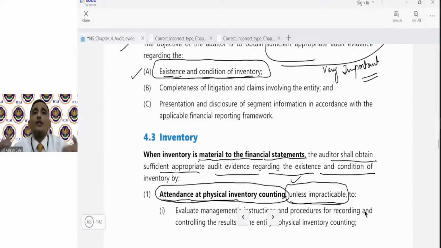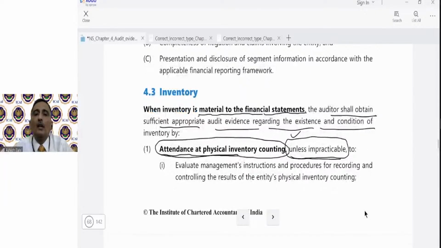Or going there may pose a risk to the safety of the auditor. These are examples of impracticability. But in all other cases, the auditor has to attend the physical inventory counting.